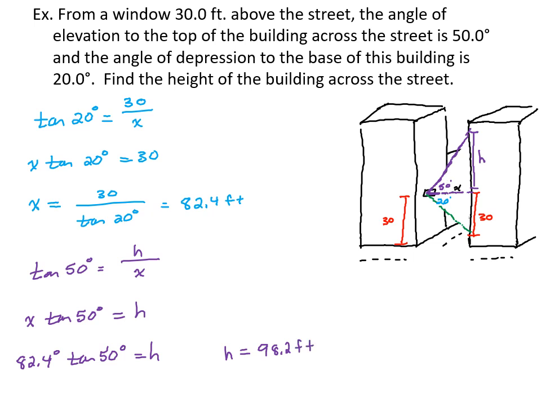feet. Now you do have to make sure you do not stop there. That h is only from the top of the building to the horizontal when you looked across. The building itself is that height plus the 30 feet you're already off the ground in the building. So for the height of the building, I have to take the 98.2 and add it to the 30 that I originally was up in the building.